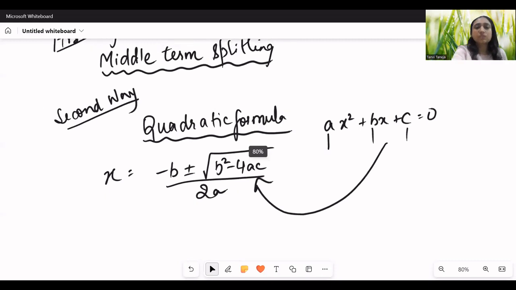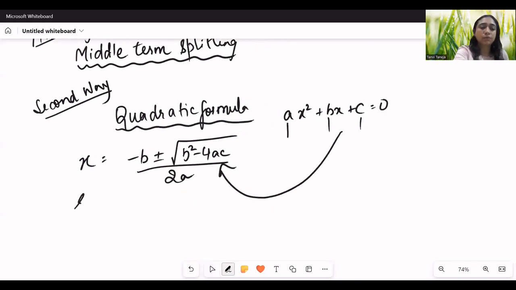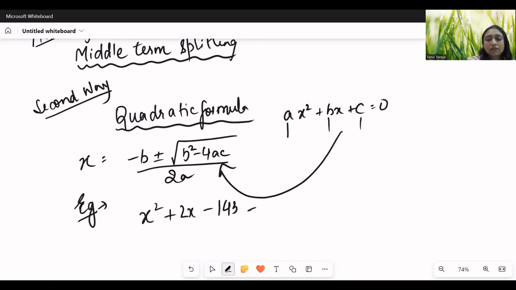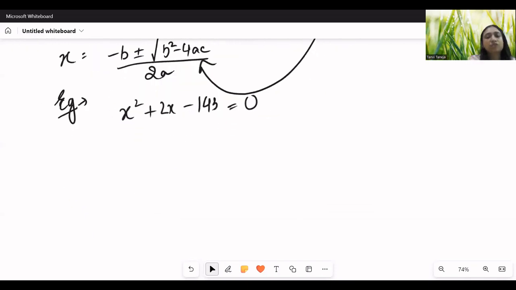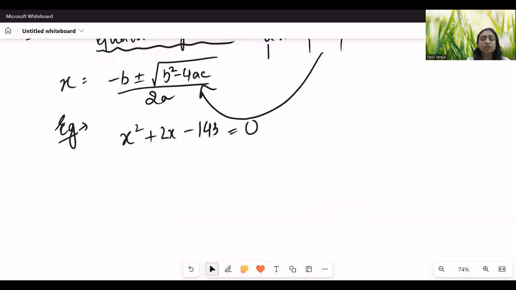Let us take one example and quickly learn how to use this formula. My question is x squared plus 2x minus 143. Let us find the roots of this quadratic equation using the quadratic formula.